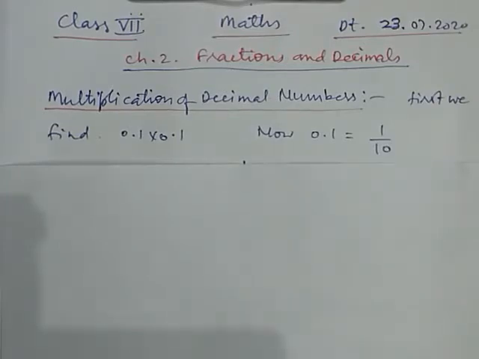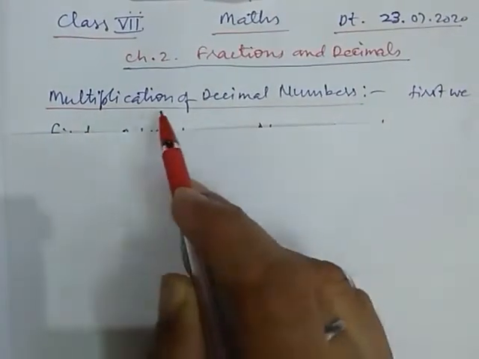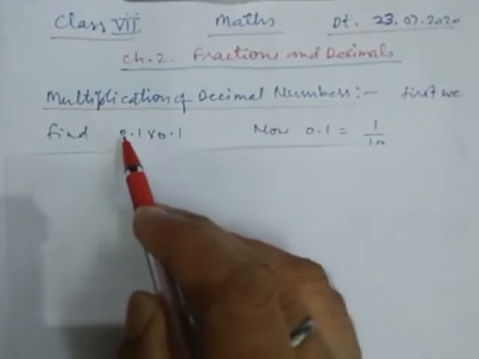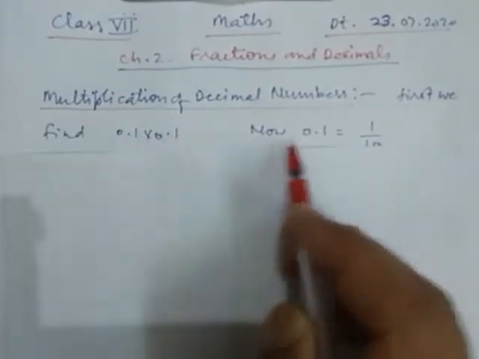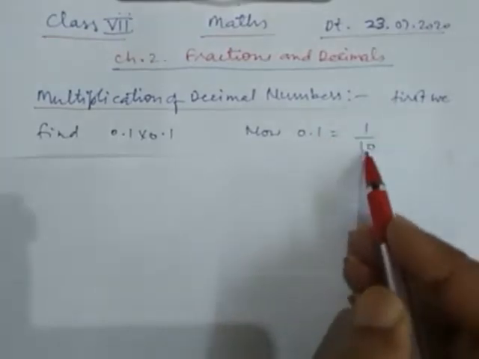Today we are continuing our second chapter, fractions and decimals. Today we learn multiplication of decimal numbers. First we find 0.1 into 0.1. Now 0.1 can be written as 1 by 10.